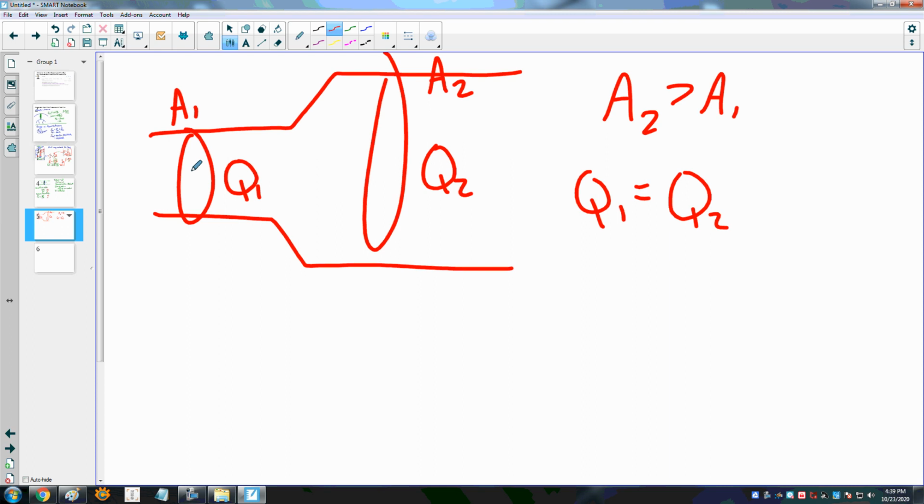That is, if I have a certain amount of fluid right here, I have to have the same amount of fluid right here. Otherwise, if I have less, that means that somewhere along the way, I'm leaking fluid out of this system. Or if I have more right here, that means that I have fluid being injected into the system. And we're assuming that the system is always closed.